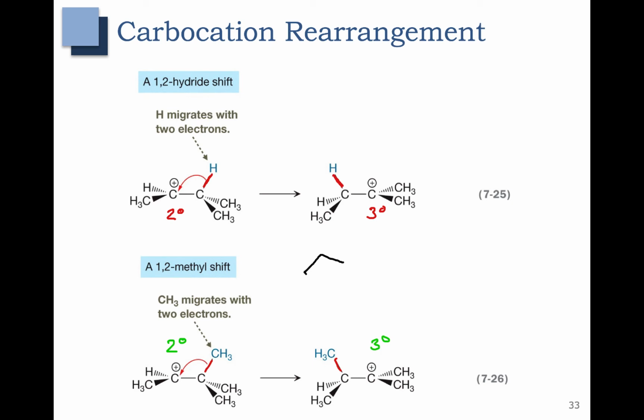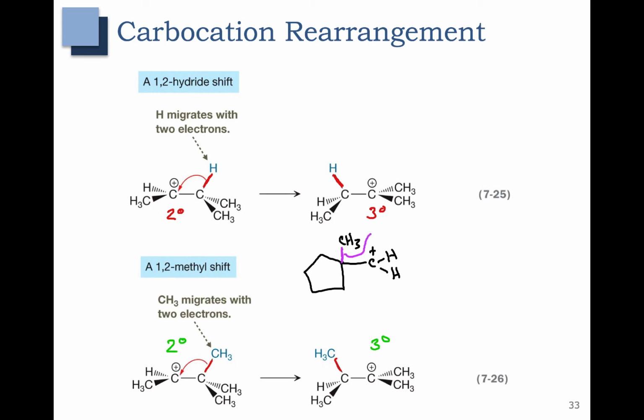Let's look at another example of a 1,2-methyl shift. So here I have a primary carbocation. It's primary because it's only attached to one other carbon group, and this is going to be pretty unstable. What's going to move is this bond over here that's attached to the methyl group. Let's highlight that in pink here.